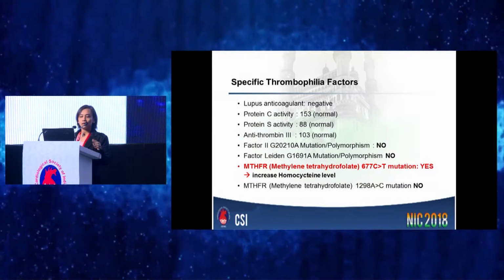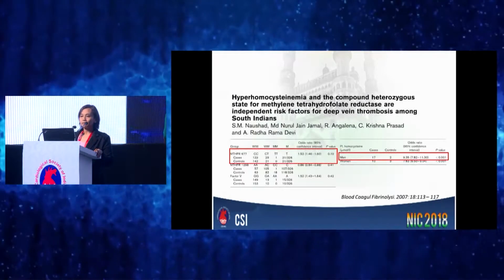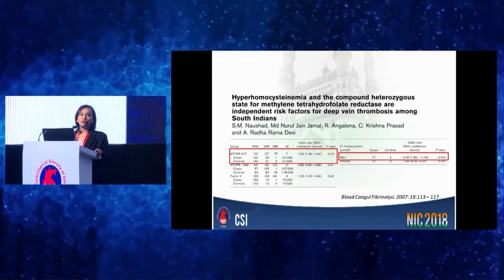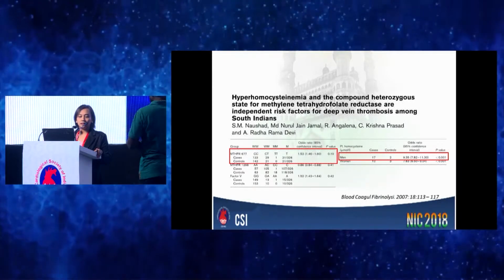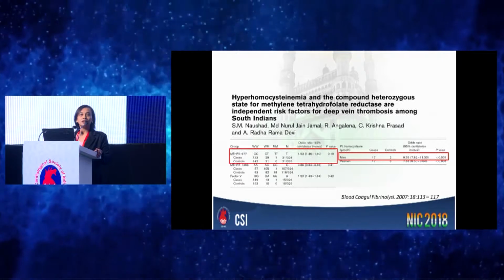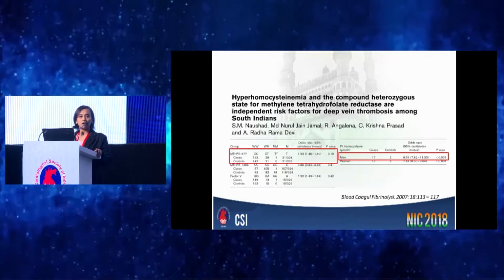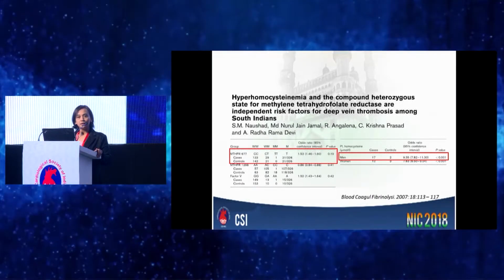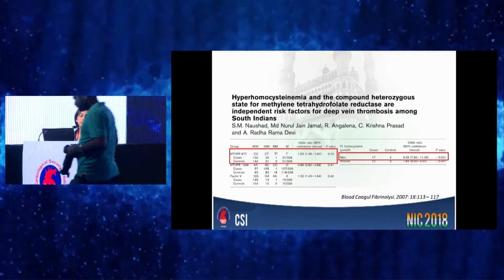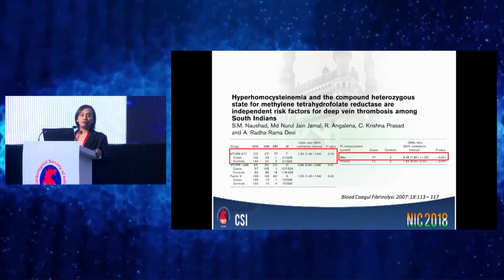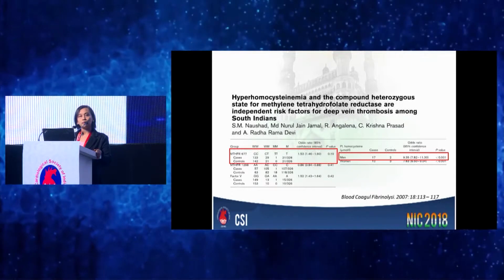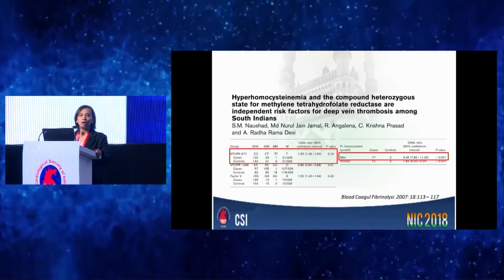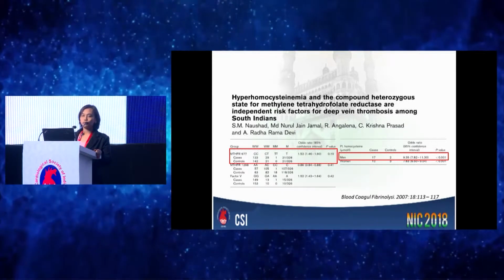In South India, it has also been reported that a mutation in these genes may lead to increased systemic thrombus, or even venous or arterial thrombus. And in men, it carries a 9.35 odds ratio of increased risk of thrombosis.